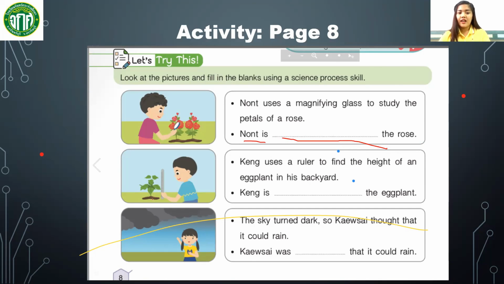Next one. Kang uses a ruler to find the height of an eggplant in his backyard. So Kang is blank the eggplant. And the last one: the sky turned dark.